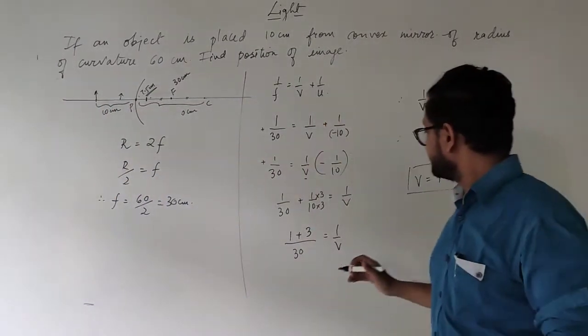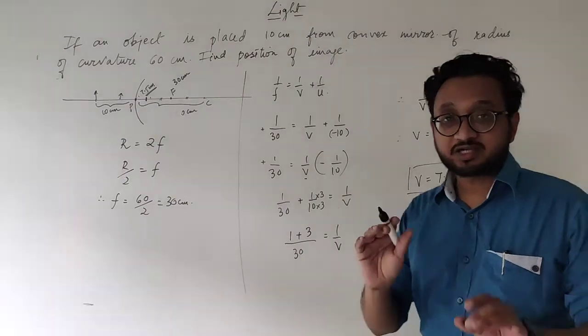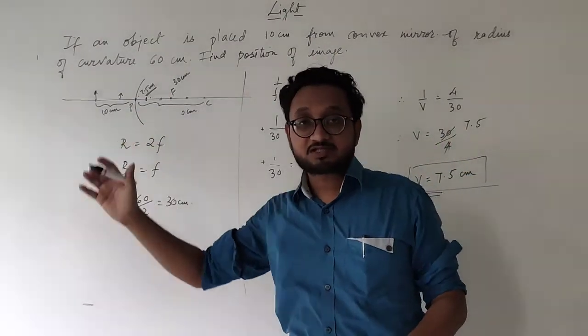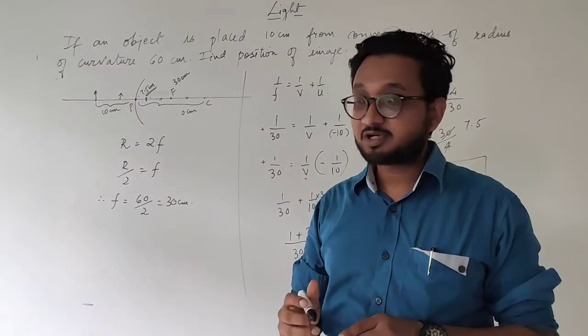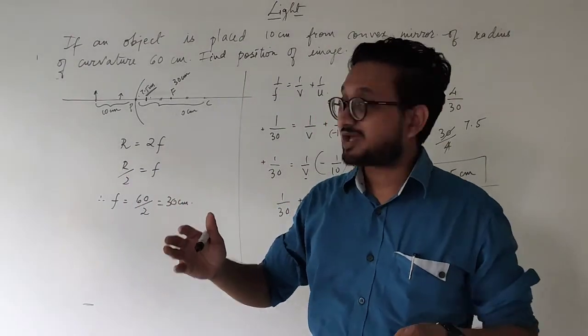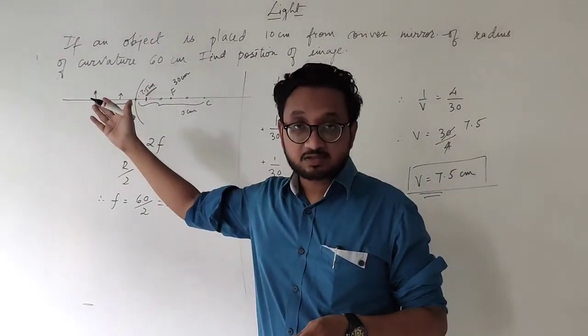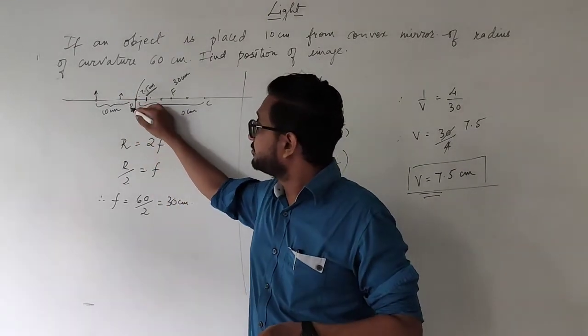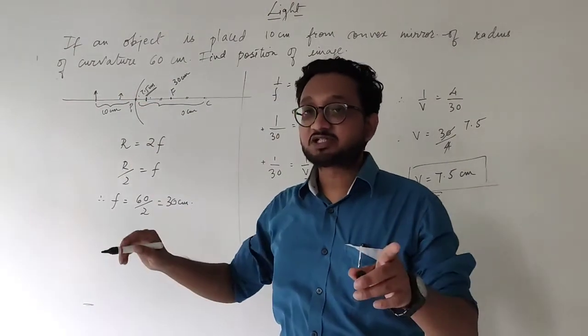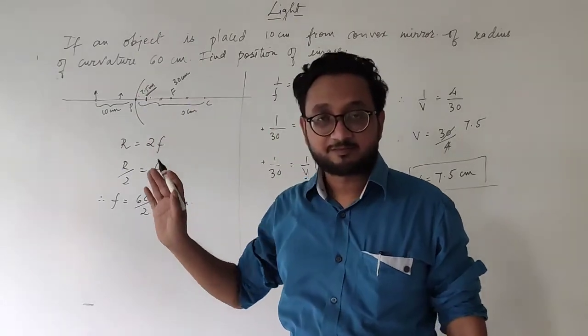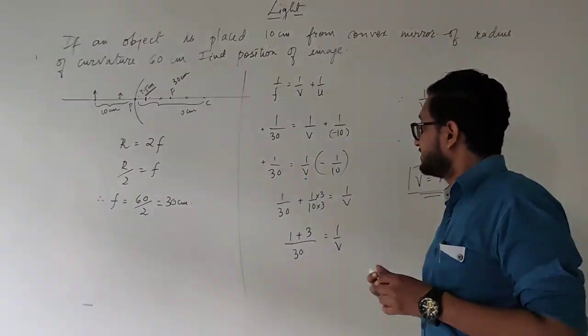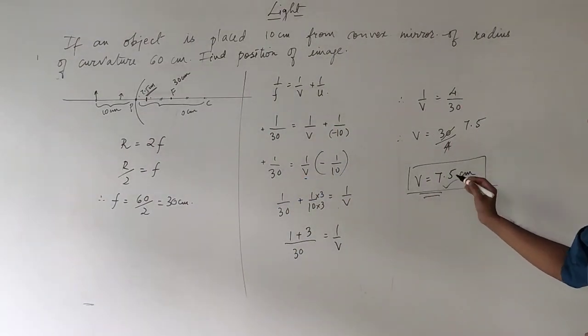So the answer whichever you are getting is your key to check whether the image formed is in a correct position or not. And in this case, we are getting 7.5, which is less than 30 centimeters. So the image is between pole and focus, and it is positive, which means it is behind the mirror. And thus, you get the idea that whatever answer you are getting is correct.